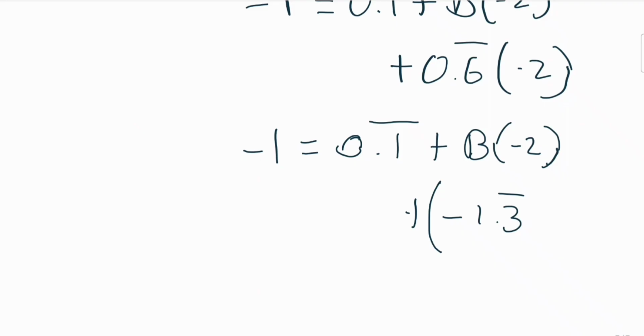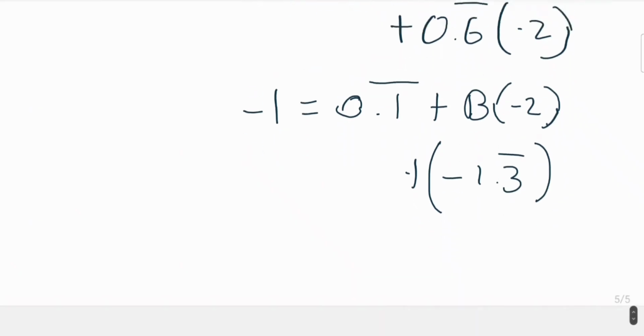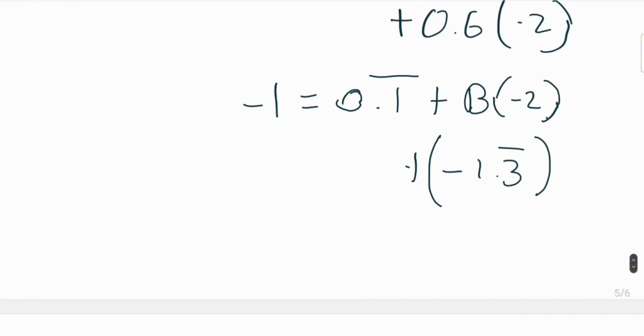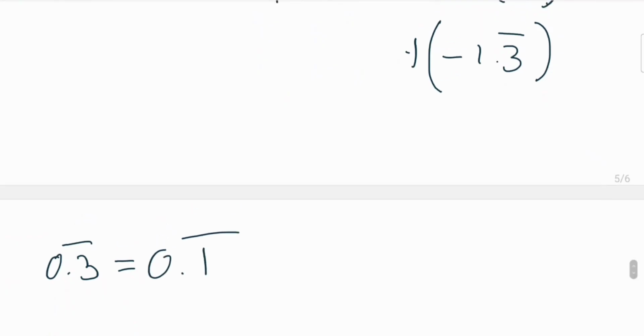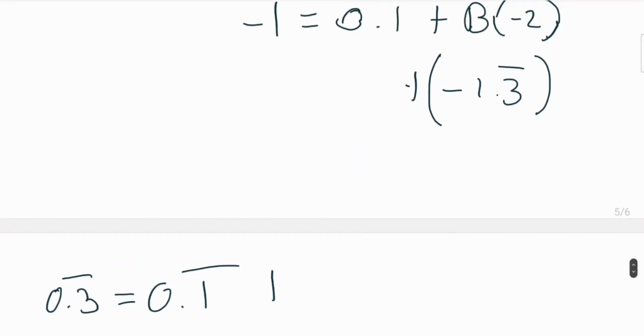Okay, so now we can just make it so we isolate the B term, and then we'll isolate B. So that means that negative 1, and then here we're going to want to add 1.3 recurring. So negative 1 plus 1.3 recurring is 0.3 recurring. So we'll rewrite this: 0.3 recurring is equal to 0.1 recurring, okay, plus B times negative 2. All right?